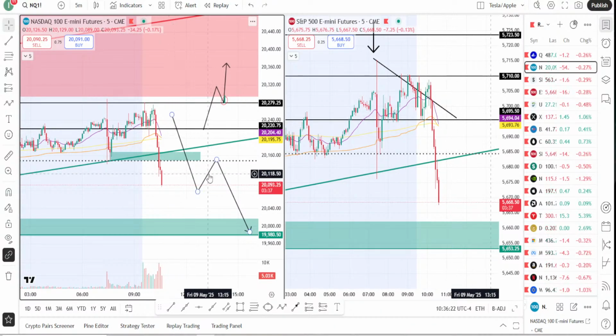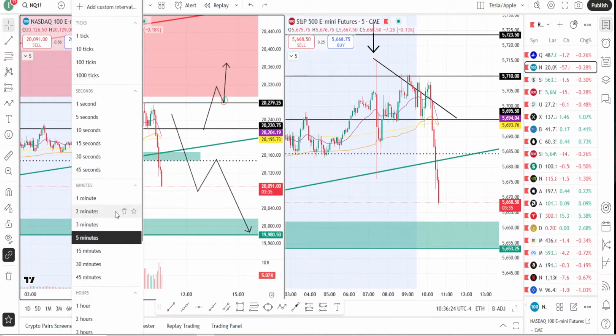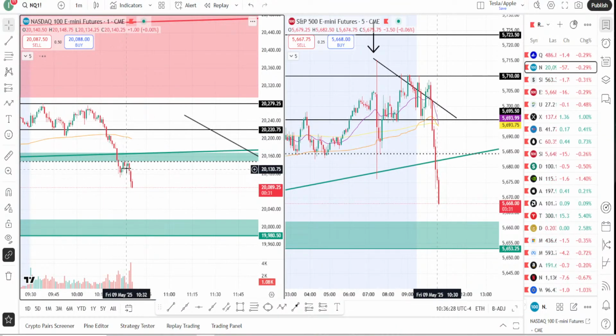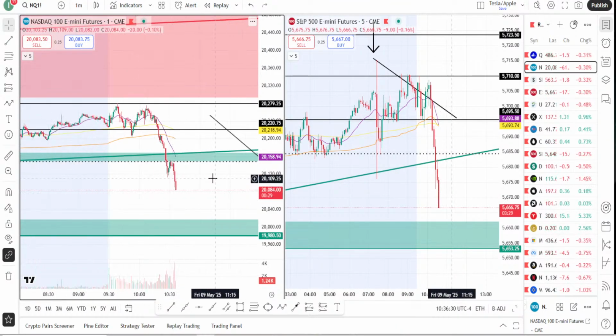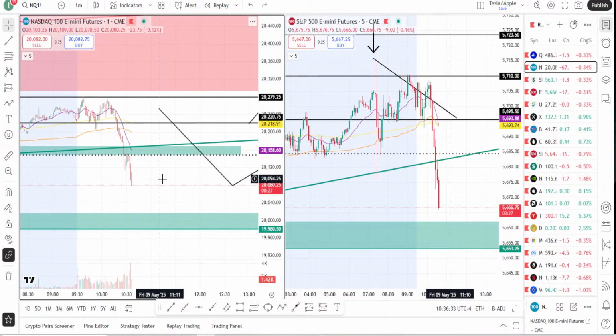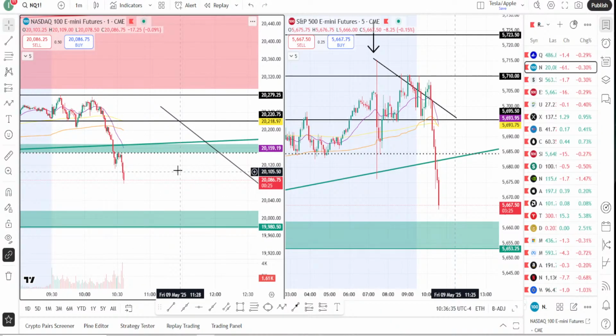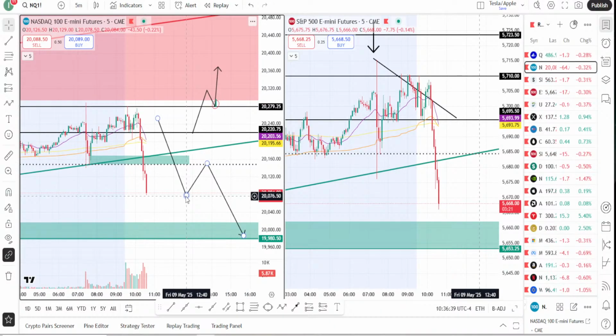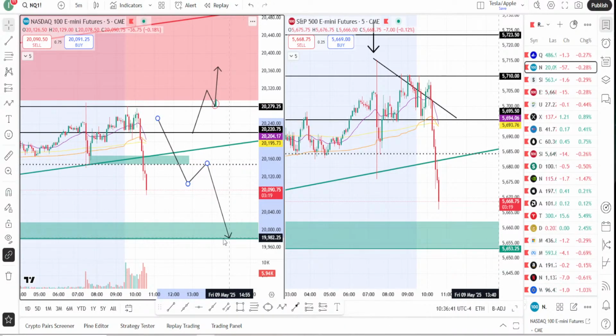I don't know if you guys caught that. See, we got that little pullback right here. Pull back, retest. That's kind of like what we got drawn up over here. Expecting a pullback, retest.